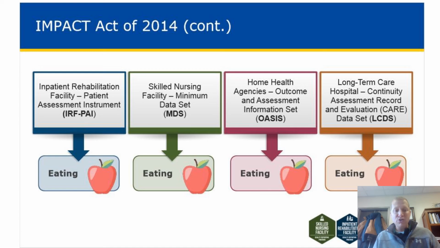The issue became that the way inpatient rehab assessed eating was different than what was done with nursing homes, which was different than what was done in home health, which was different from long-term care hospitals. And this is coming from Medicare, right?